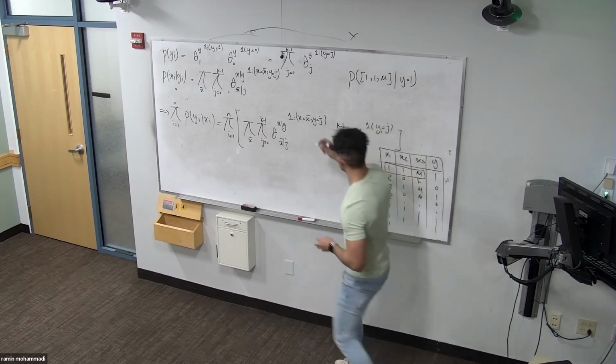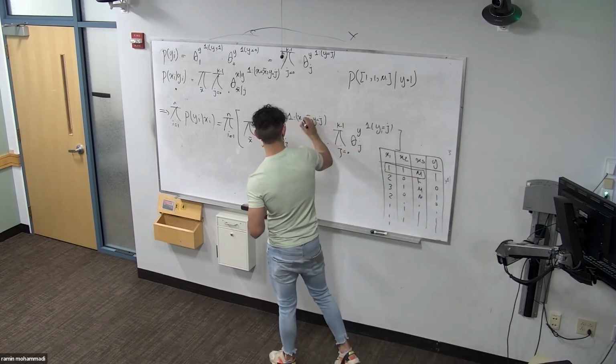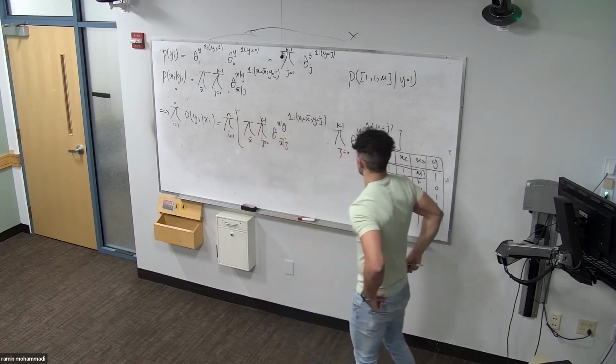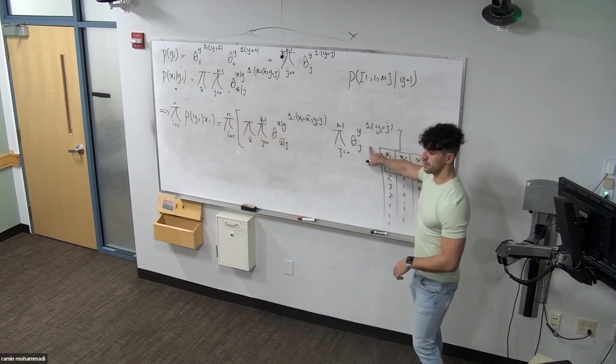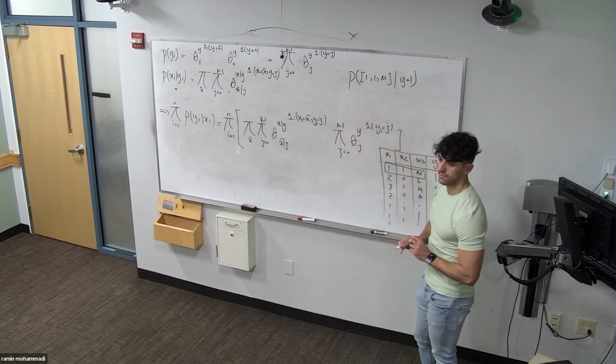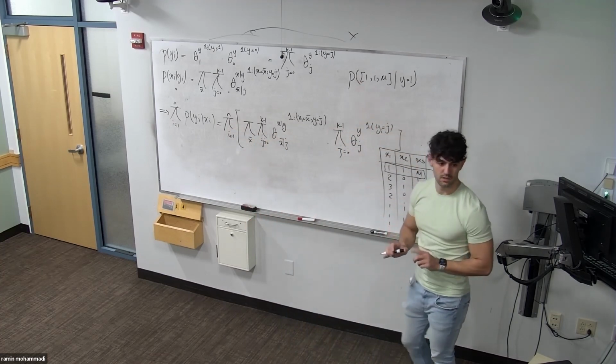We also have an i index as we are looping over. So does this make sense so far? We just replace those two formulas in the actual term that we have. Question?